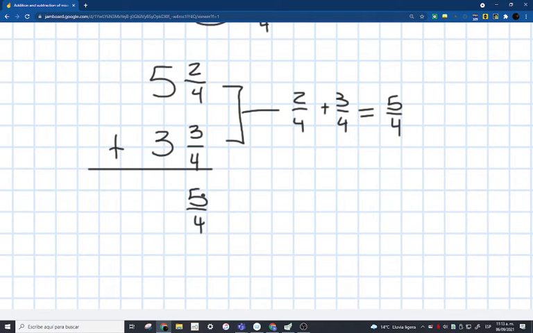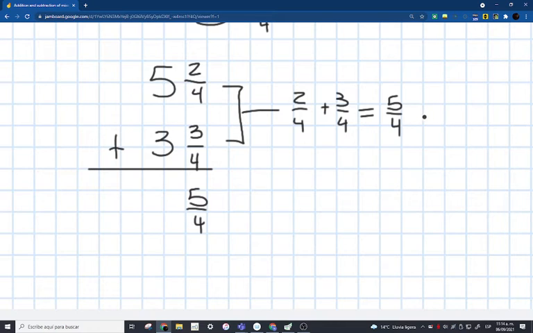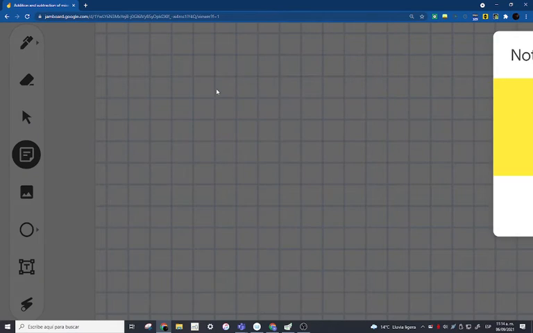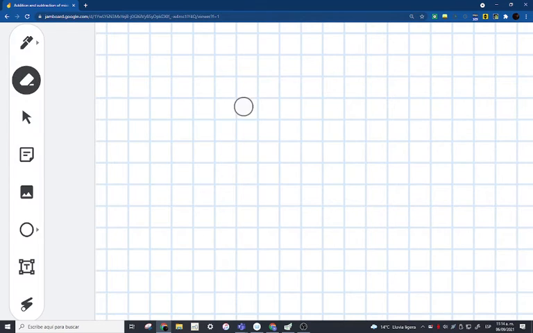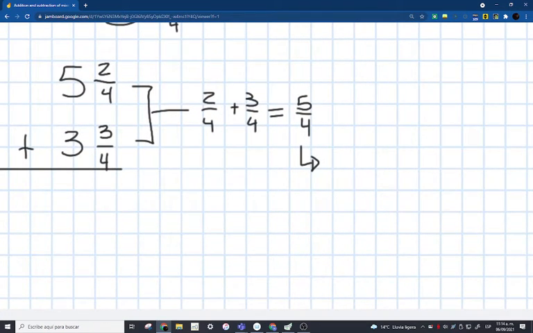But wait, because 5/4 is an improper fraction, and remember that you cannot have improper fractions written inside mixed numbers. So we have to do something else. Let's convert this one to a mixed number to see what is going to happen.